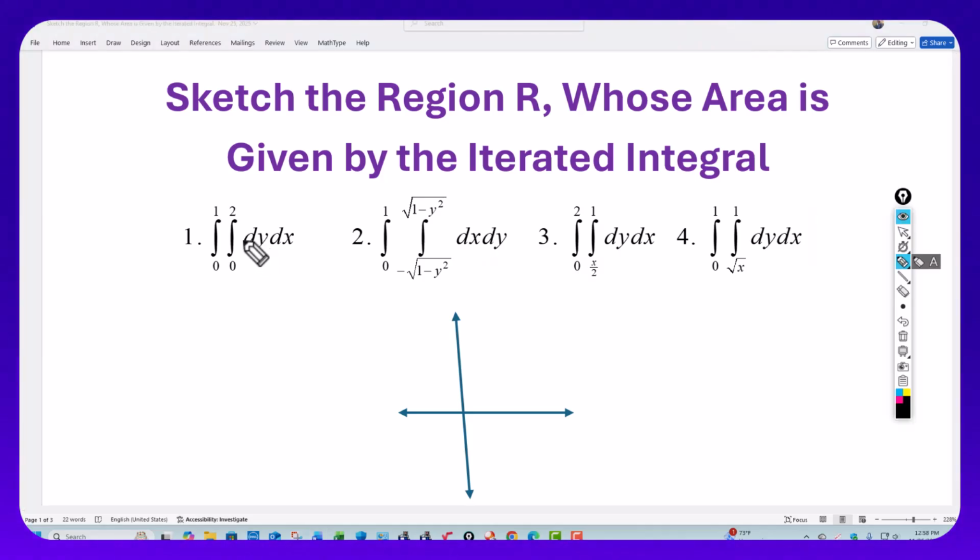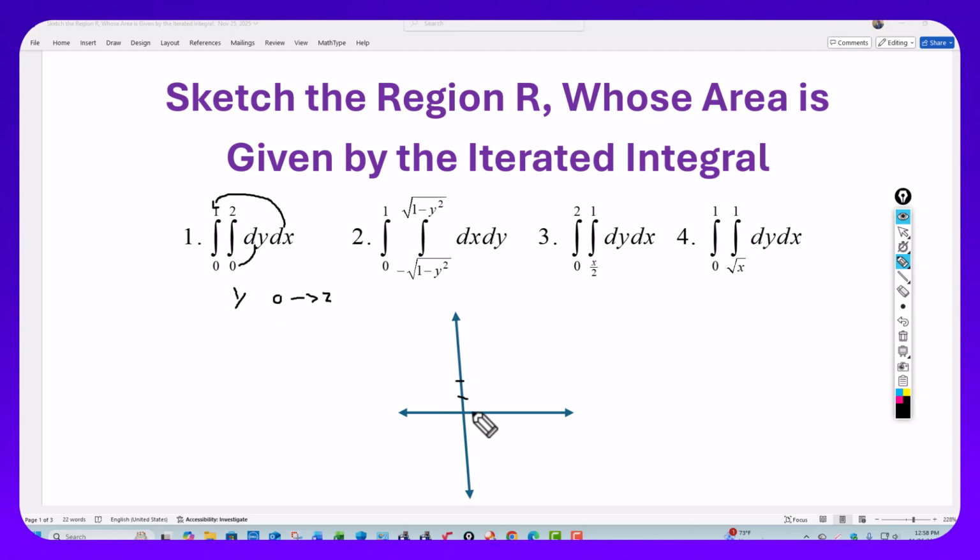For the first one, let's look at the inner integral here. We don't have a function because we're only interested in the graph of the region R. So for dy, these are the limits. y will go from 0 to 2. So here's 0, y equals 0 would be the x-axis. Go 1, 2. And the dx then goes with the first limits here, from 0 to 1.